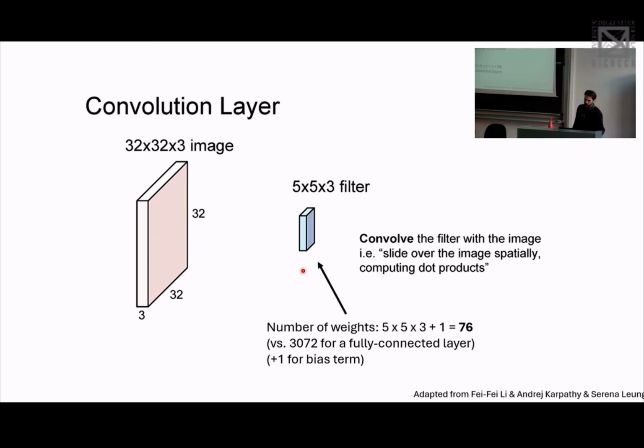The number of weights in this case, if you have 3 channels and a 5 by 5 kernel, will be 5 by 5 by 3, so 75 plus 1, because in general we add 1 bias parameter. 76 weights as compared to 3,000 and something for a fully connected layer.